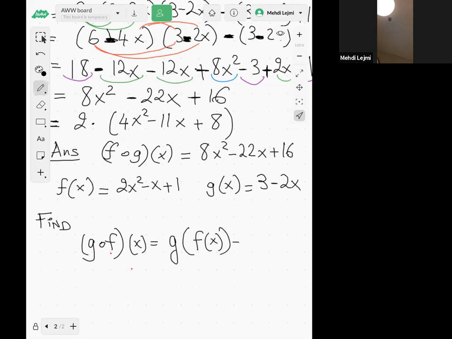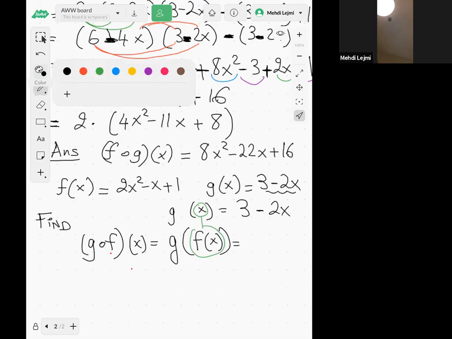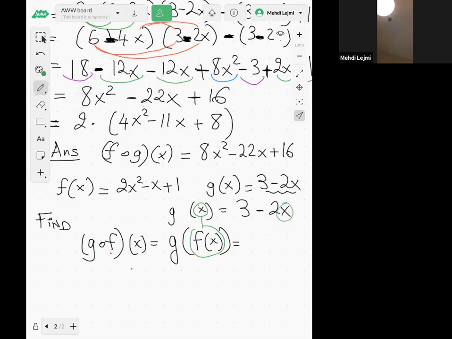Now, how do you compute G composed with F? First, you write down G of X, and we substitute this X with this F of X. G is just 3 minus 2x. There's only one X right here, and you have to substitute that X with the F. So now it's 3 minus 2 f of x.